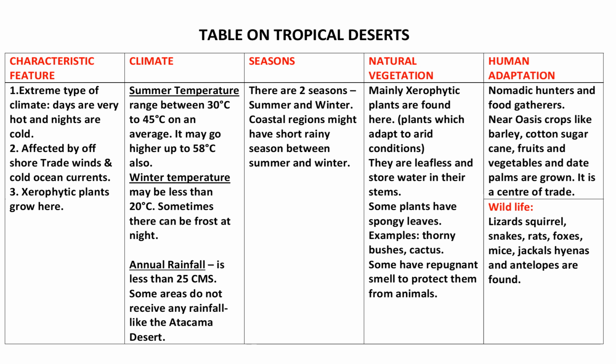Wild animals like lizards, squirrels, snakes, rats, foxes, mice, jackals and hyenas are found here. Antelopes are also found, which adapt themselves to this harsh climatic condition. To escape heat, the burrowing animals dig holes in the ground. Some animals wander in the deserts but live near the edges, including jackals, foxes, hyenas and antelopes.